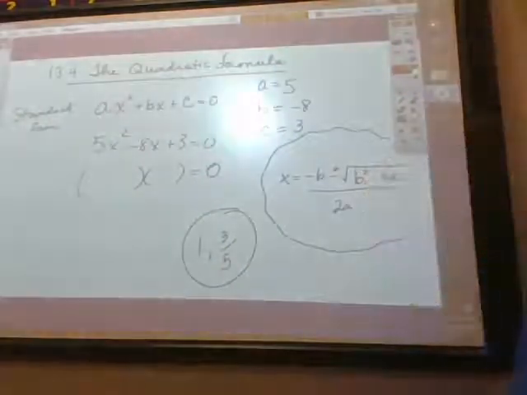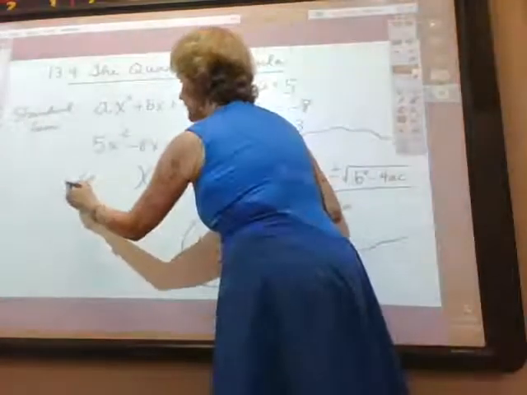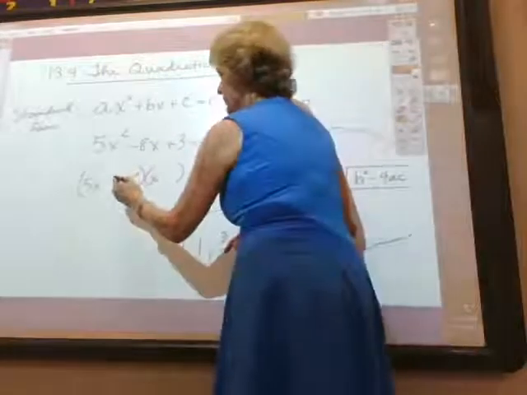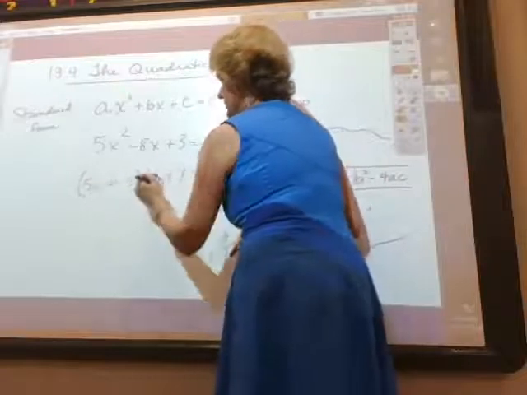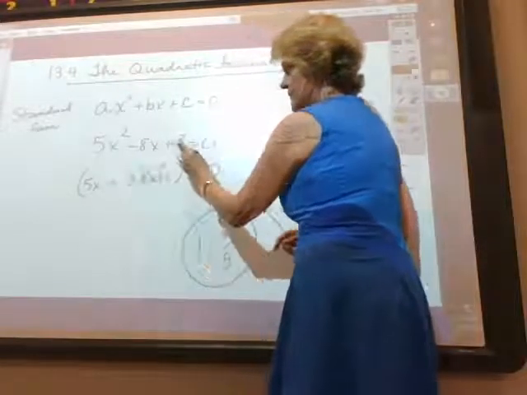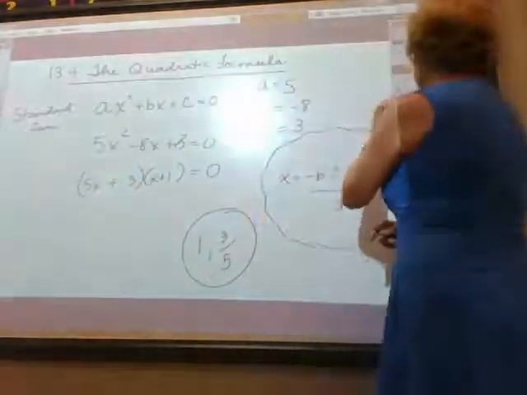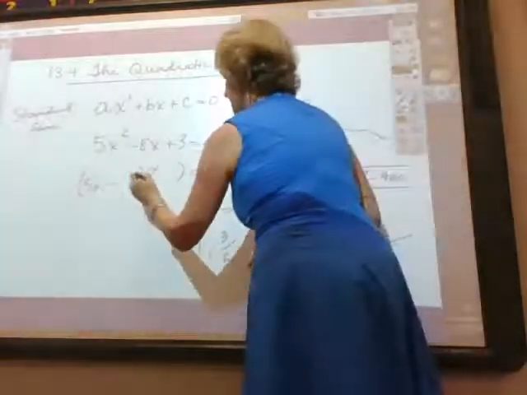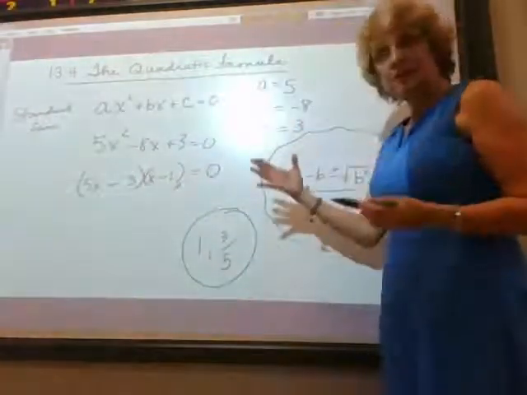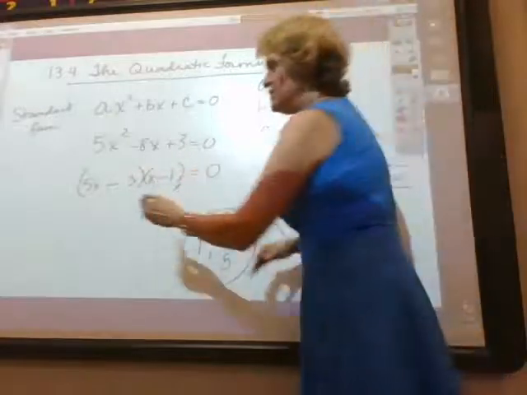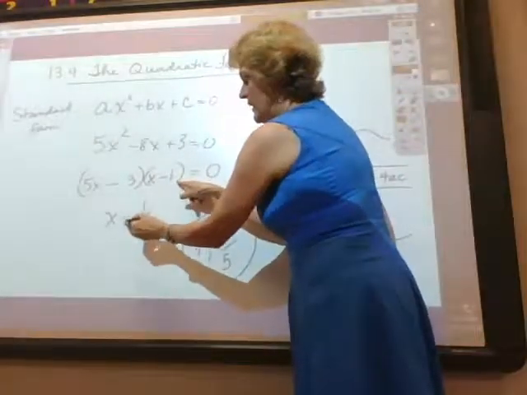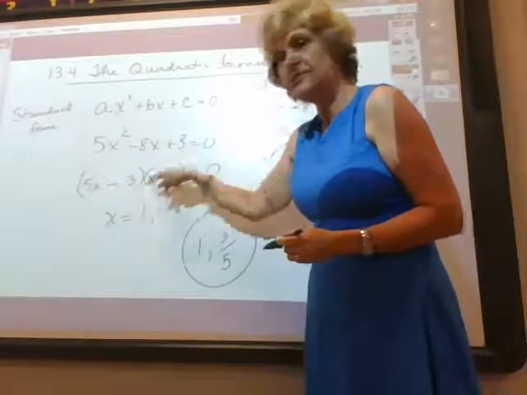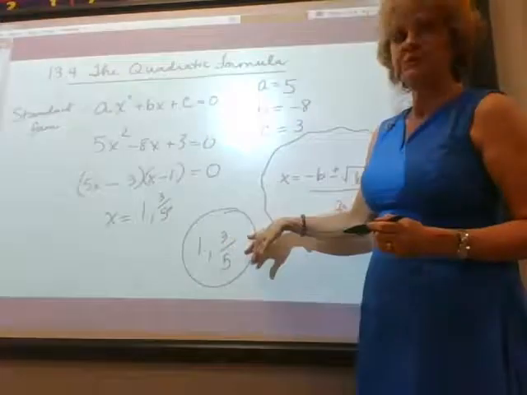Okay, so I know the only way to get 5x squared is 5x and x, and 3 be 3 and 1, so plus and plus, and if I did FOIL, I would end up getting, no, I need to have minus signs, don't I? So by trial and error, I would have gotten this. So my two possibilities right here would be 1, and here would be 3/5. If I set this equal to 0, I'd add 3, divide by 5, and get my two solutions.